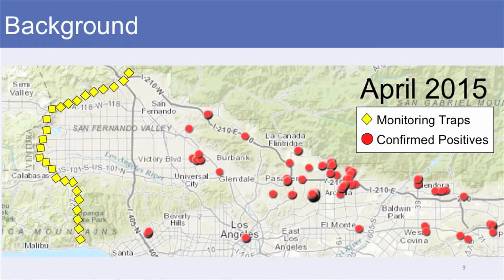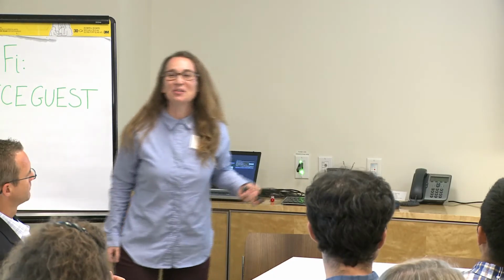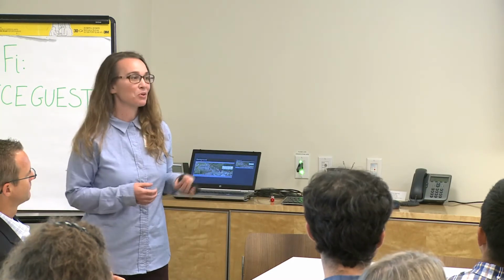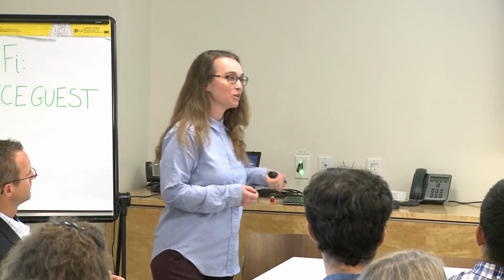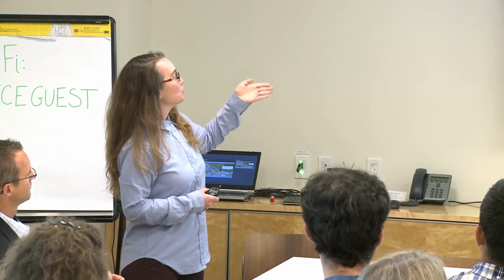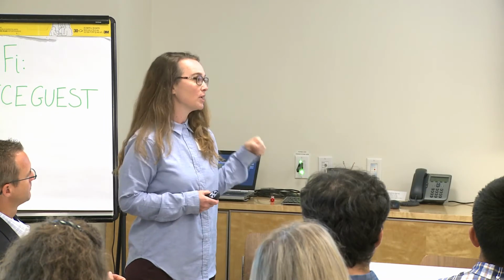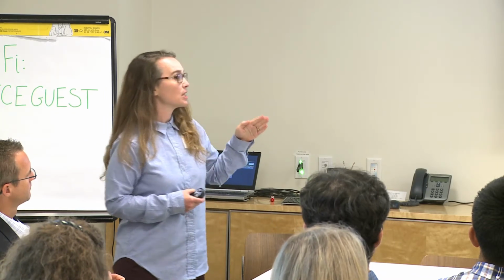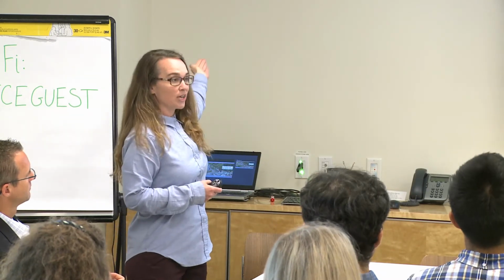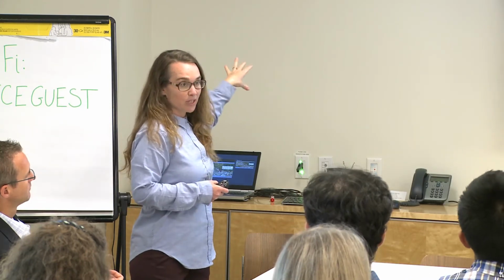This is a distribution map of the Los Angeles area in April 2015. The red dots represent confirmed positive locations, and these diamond shapes represent monitoring traps that were established by Dr. Eskalen at UC Riverside, used for the purpose of trying to catch the beetle and detect movement of the beetle into Ventura County, where it hadn't yet established.